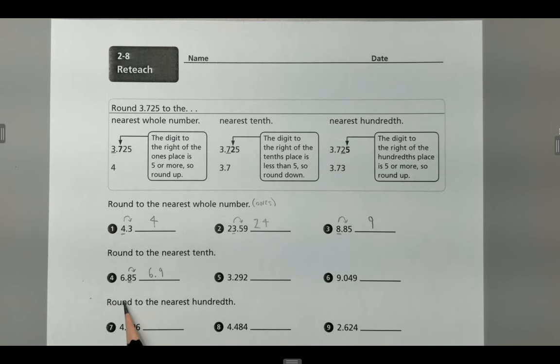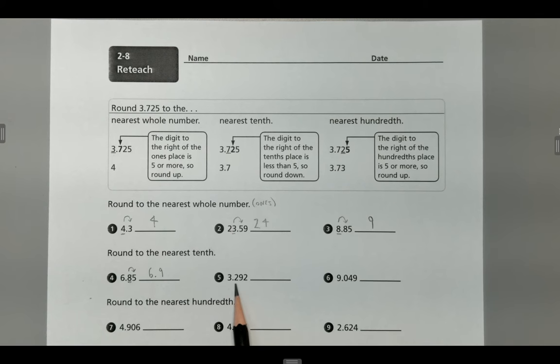So you're starting to see the pattern, right? Whatever you've underlined, anything to the left of it stays unchanged. What you've underlined is either going to remain as it is or it's going to increase by 1. And then everything to the right of what you underlined is going to get dropped.